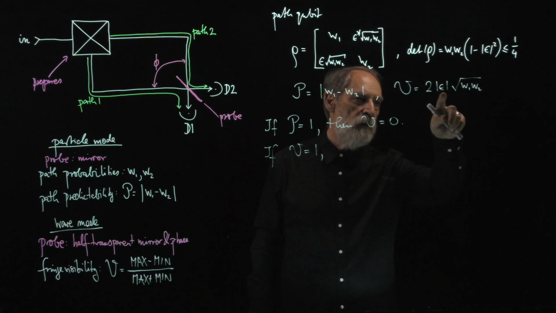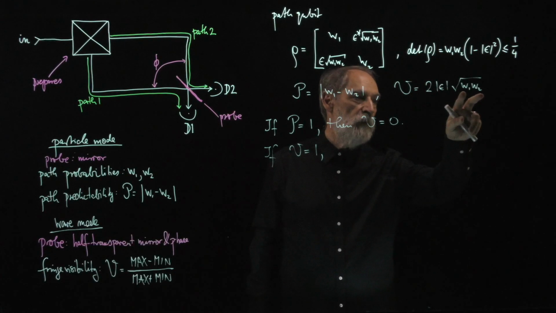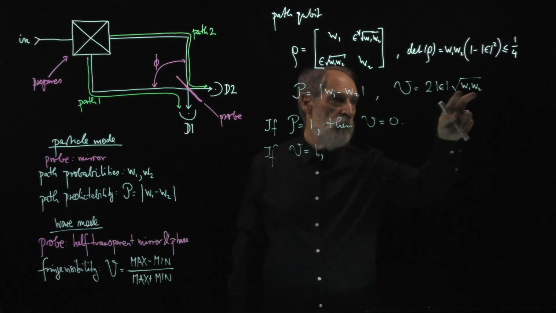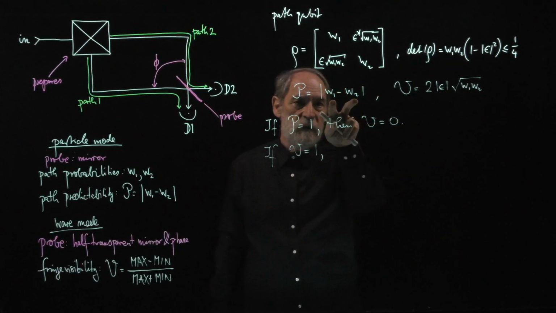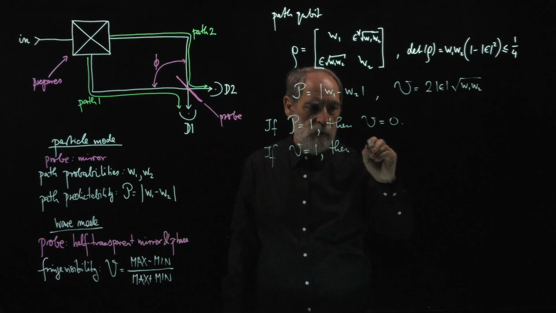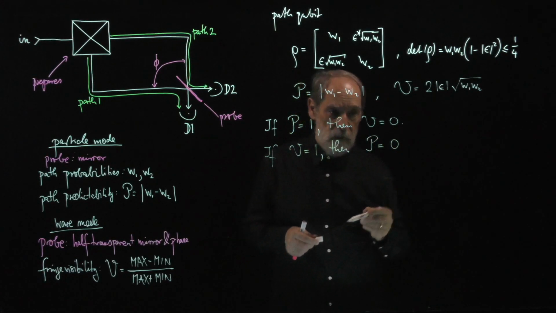So we get 2 times 1 times a half, and that gives the visibility 1. But as I just said, the two W's have to be equal to a half, and then the difference is 0. So we have no path predictability when the visibility is 1.